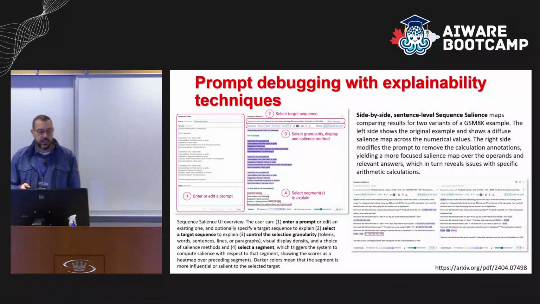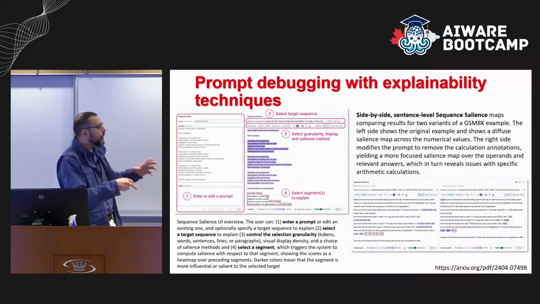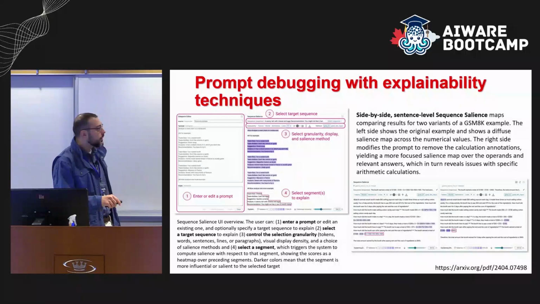So what we are seeing here, okay, is a prompt editor. It's like a prompt playground, okay, and it's helping the developer to understand which parts of the prompts are more associated with a certain output, okay?